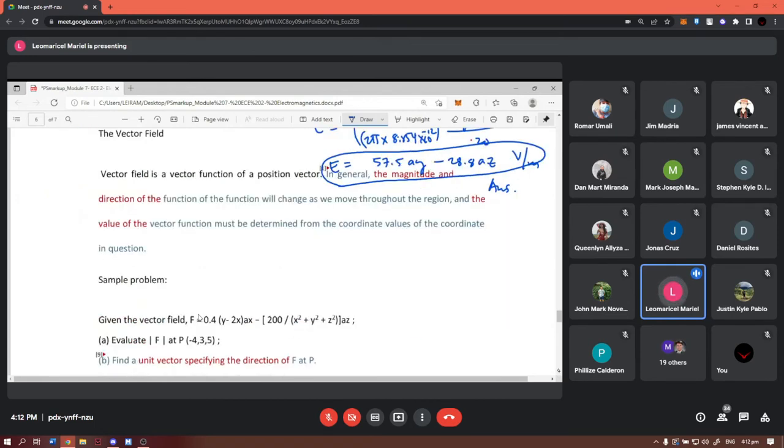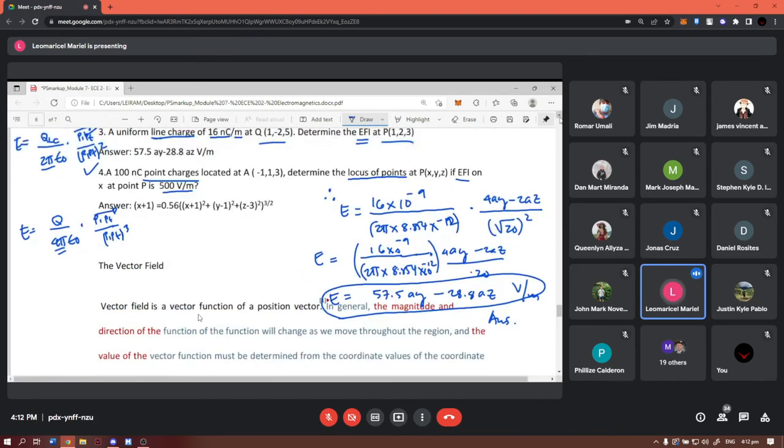So kung kukunin natin yung vector that defines this problem, okay, so nasaan yung EFI ba? Nasa point A o nasa point P? Nasaan yung EFI? Nasa point A or nasa point P? Ano sinabi ko sa inyo?